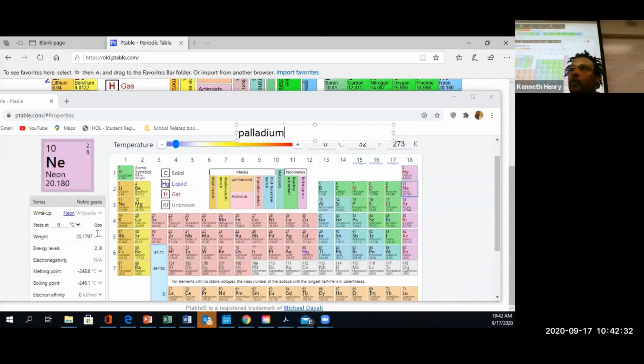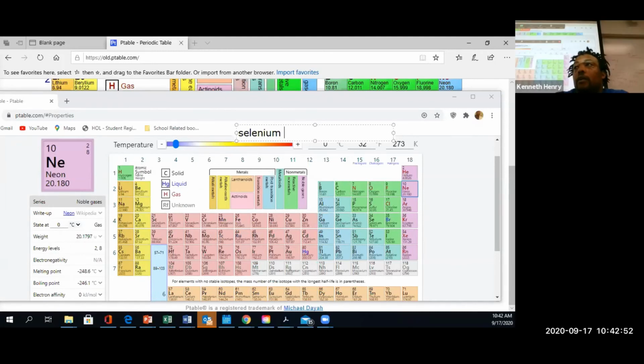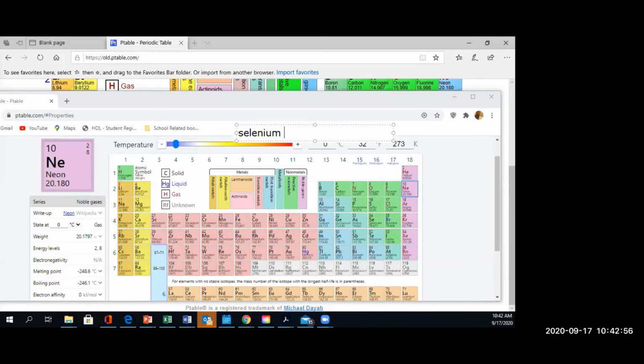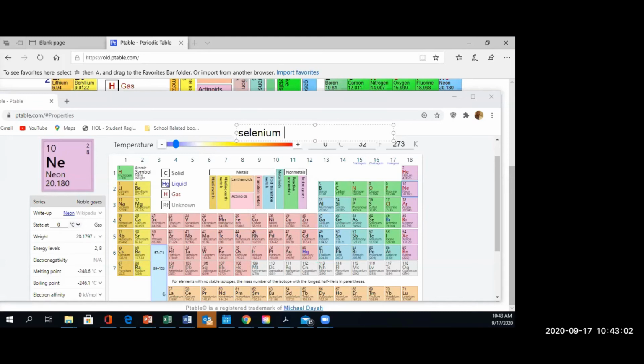So let's see, what about selenium? Group 16, period 4. Okay. What is its atomic number? 34. And what type of element is it? Reactive nonmetals. Okay.